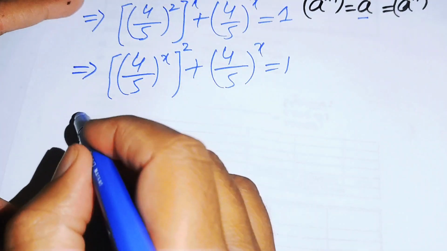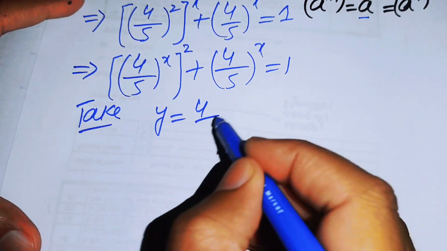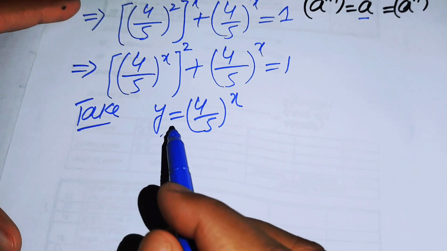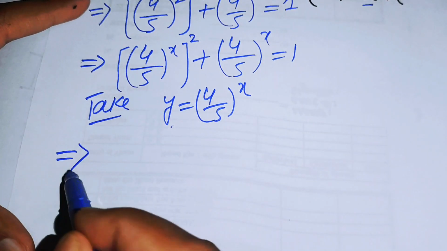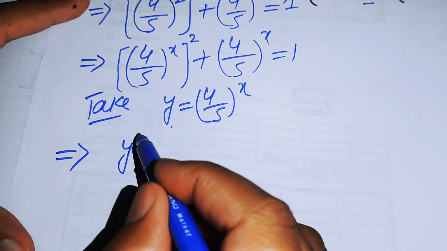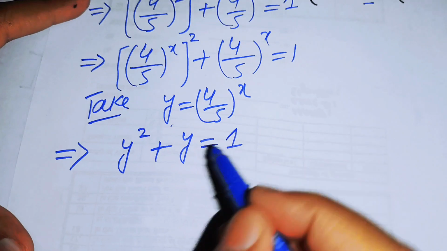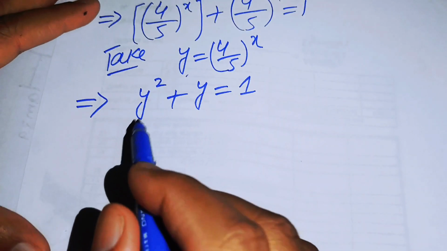After that we can take y is equal to 4 over 5 to the power of x. After putting this value, our exponential equation becomes in quadratic form, so it will be written as y square plus y is equal to 1. Now we can solve this quadratic equation by using the quadratic formula.